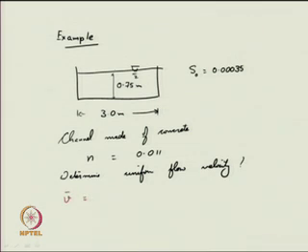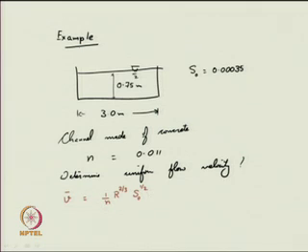your Manning's formula is the average velocity is equal to 1 by n R to the power of 2 by 3 S naught to the power of half. Substitute the formulas appropriately, use the appropriate terms.